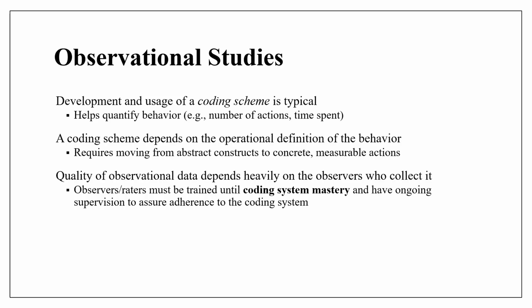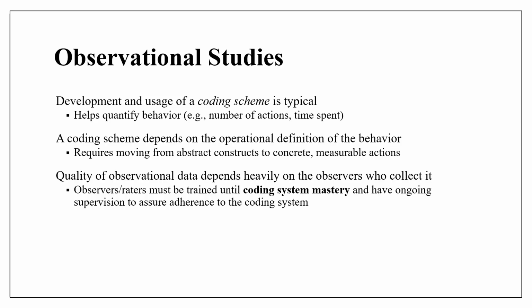So this means that they're going to go through multiple rounds of practicing making those observations and getting familiarized with the actual coding scheme. Again, I'm going to show you one. That one's very simple in comparison to what a coding scheme typically looks like.